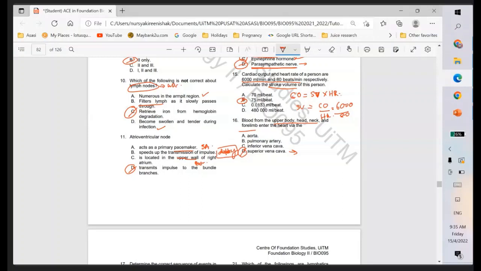Superior vena cava, and then this is the heart, right? So something like that, roughly. I don't know, it's not very pretty. So which chamber? This superior vena cava, which chamber of the heart does it enter?